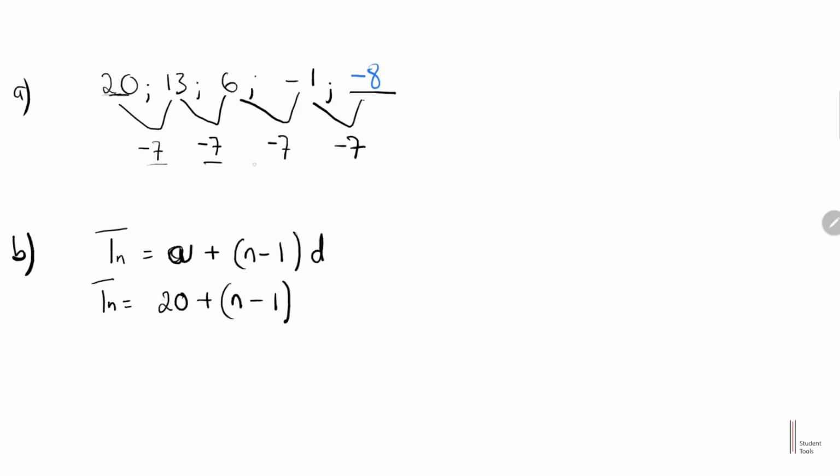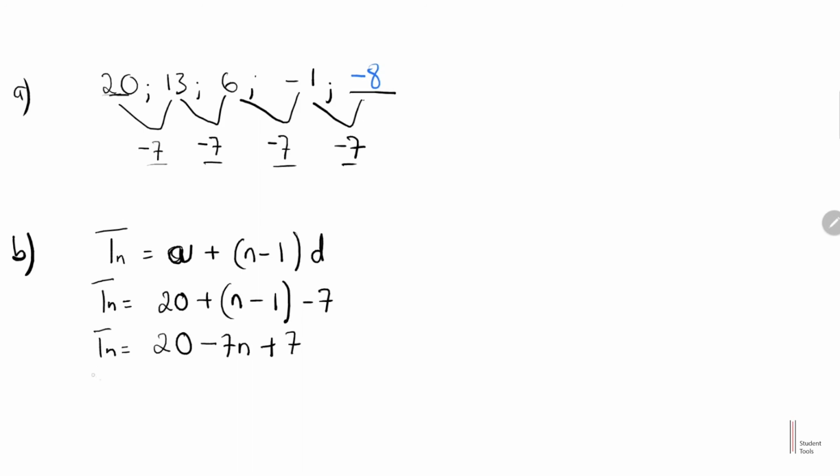Common difference is -7, so we will have -7 here. The nth term equals 20, -7 multiplied by n, so that is -7n. And -7 multiplied by -1 is a plus, because we're multiplying a negative and a negative, so that is a 7.